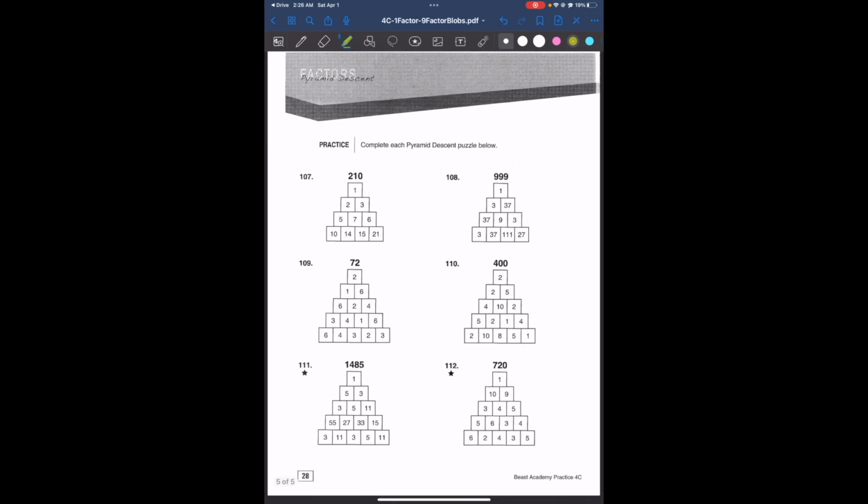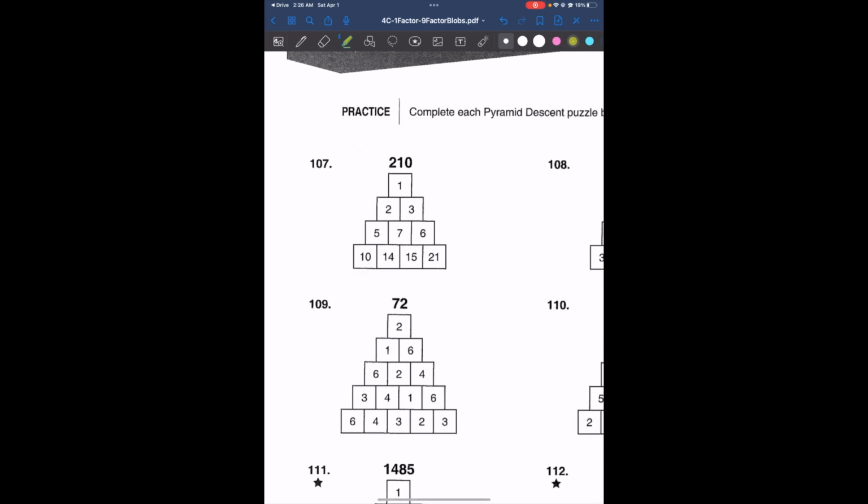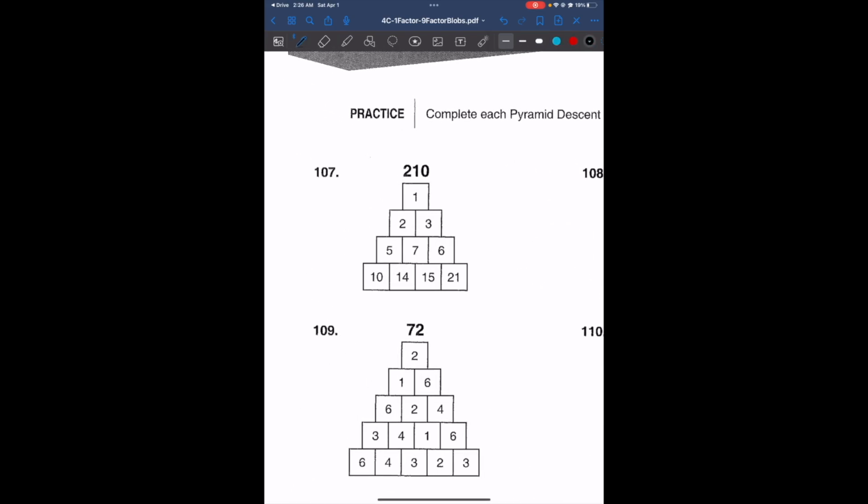Now we're on the last page, and so we have some more pyramid descent puzzles to solve. So I want you guys to solve problem 210 on your own before you check my solution. And so I'll just give you guys the solution right away, but make sure you solve this problem before.